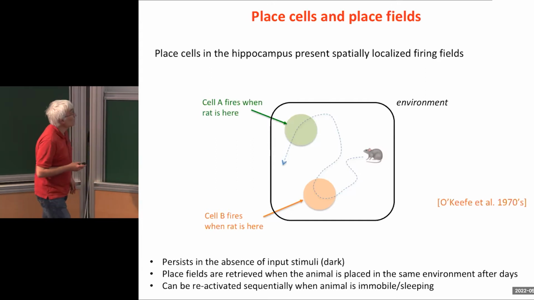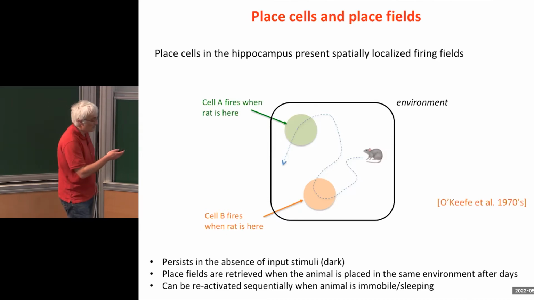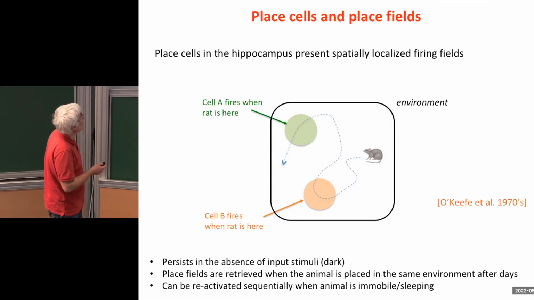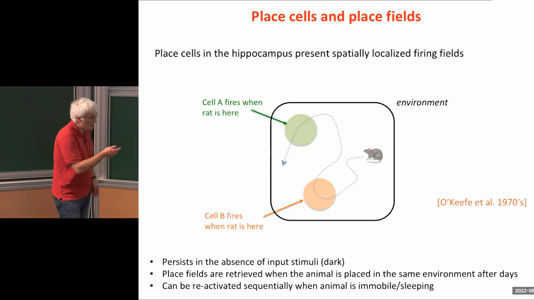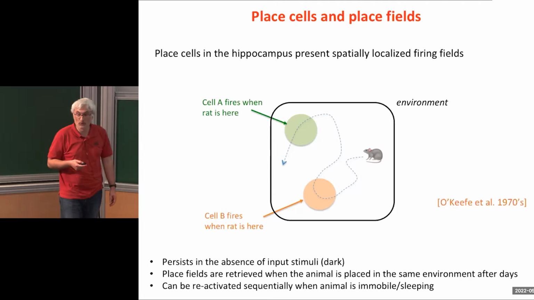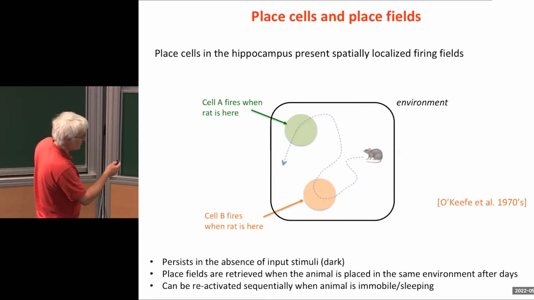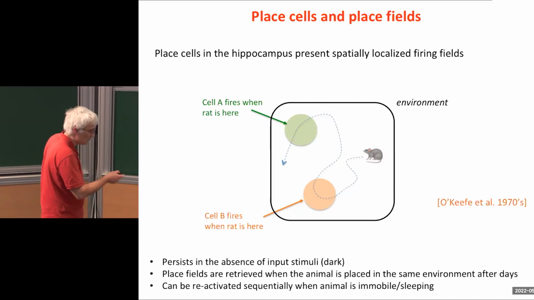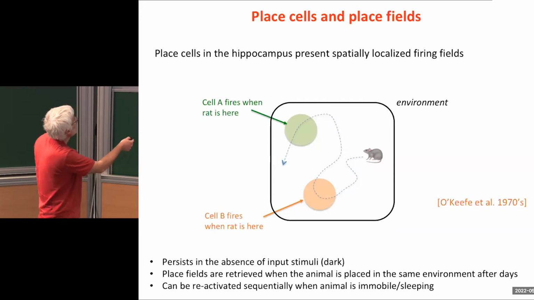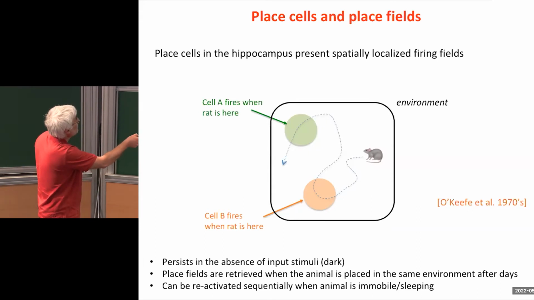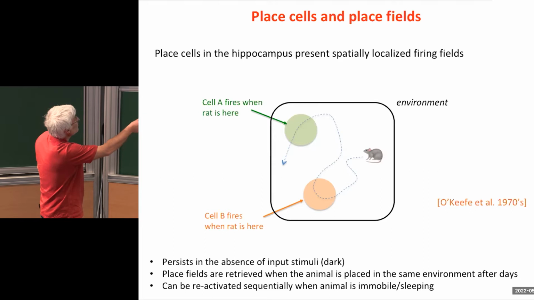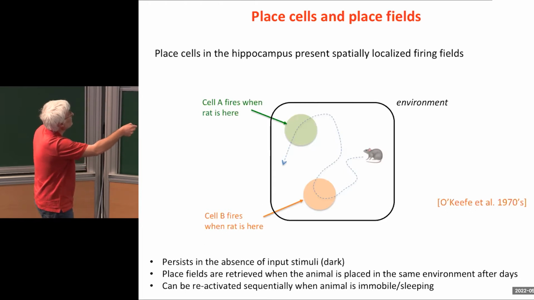And it has been known from the 70s that the activity of neurons in the hippocampus is related to the position of an animal in an environment. Here, I'm sorry, but the colors are actually pretty bad. It's better on my screen, but I hope you can see something. Here you see an animal, a rodent, moving in an almost square arena. That's the environment.